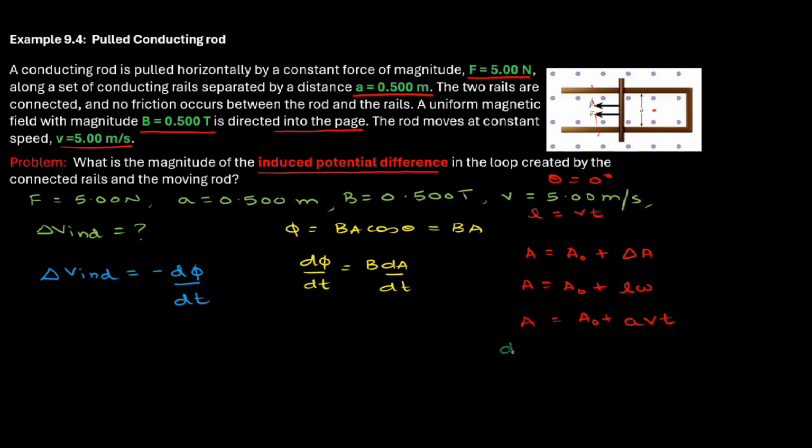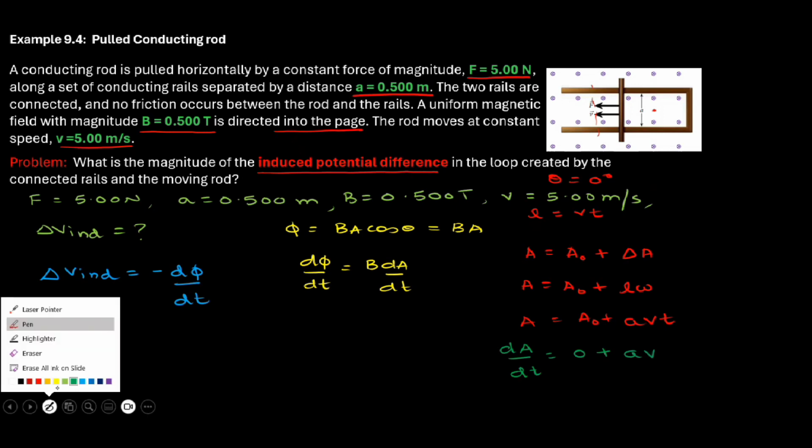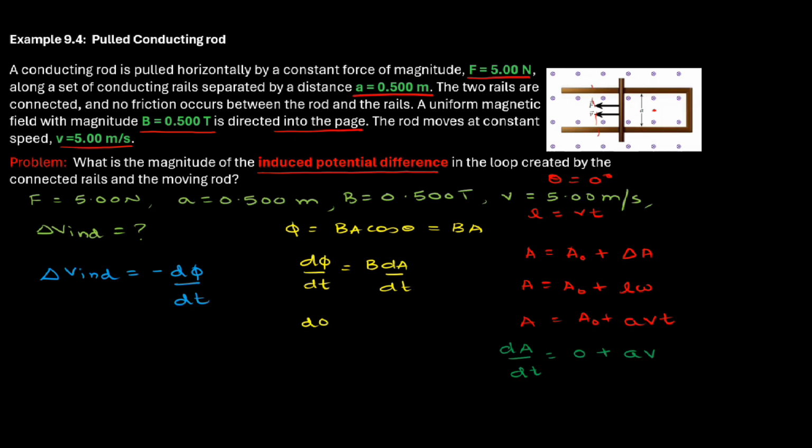Then we take the derivative of this area to substitute in my value for induced potential difference. Since the original area is a constant, the derivative of a constant is 0, plus the derivative of just t is 1. So you are left with a times v. So I can write d phi by dt to be equal to B times a times v.